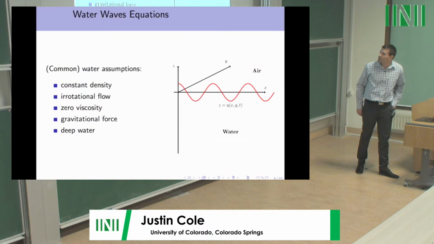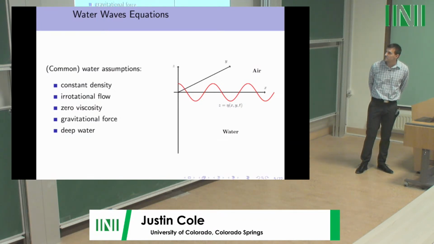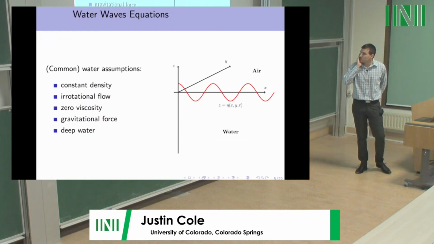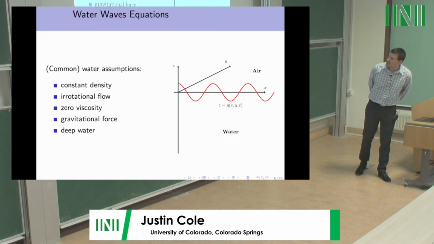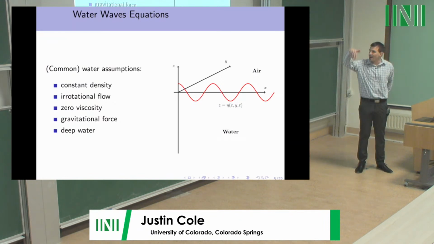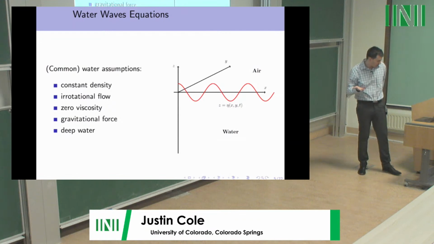And then to simplify the problem, starting from the Navier-Stokes equations, I'll make common water assumptions, namely constant density, irrotational flow, 0 viscosity, a gravitational force acting in the negative z direction, and lastly, a deep water assumption so that the wave does not feel the effects of the bottom.